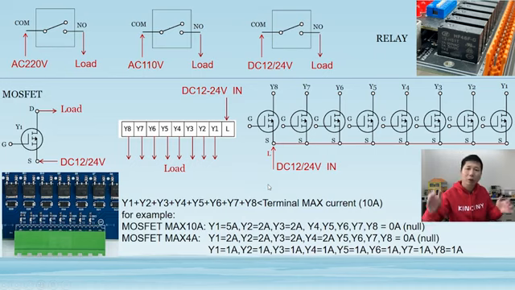Just make sure how many channel outputs will turn on at the same time, so you can calculate that the total current is less than the max current. Okay, this is important because we designed these MOSFET channels to share this common L terminal port. So just make sure the total does not exceed this limit. That will be safe and secure.